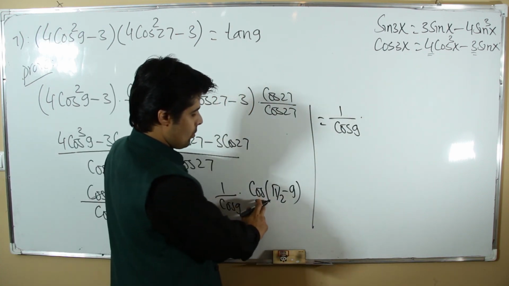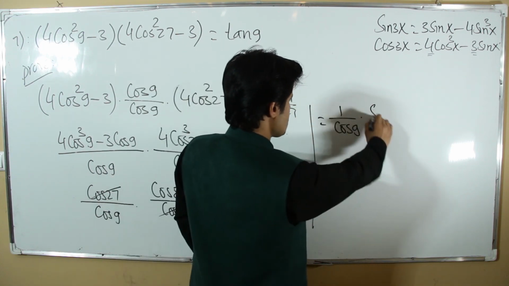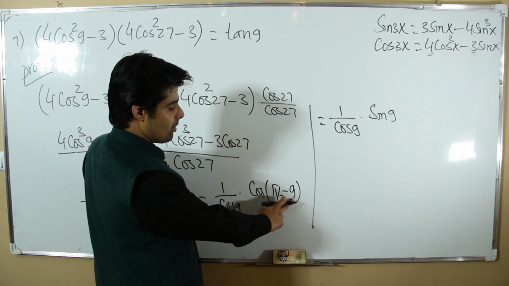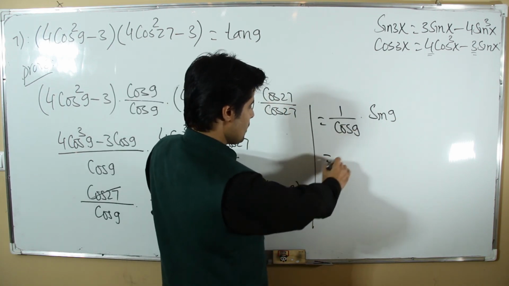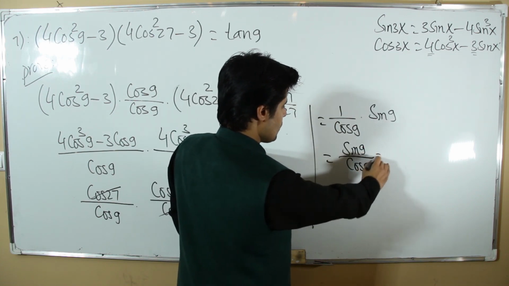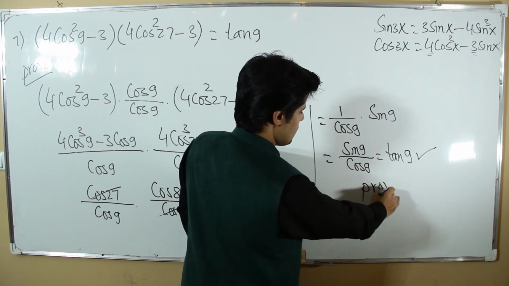Here, cosine of pi by 2 minus 9 is changed: cosine changes to sine, sine of 9. Pi by 2 minus alpha is in the first quadrant, and in the first quadrant, cosine is positive. Now this one is sine of 9 by cosine of 9, which is tangent of 9. I think it is proved.